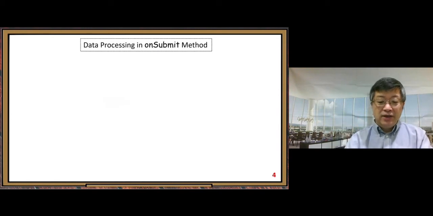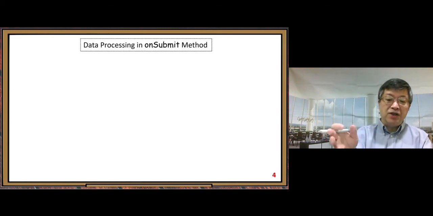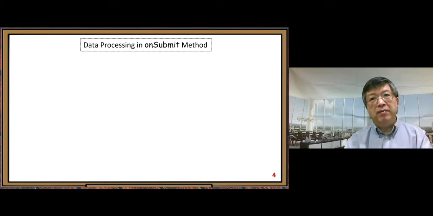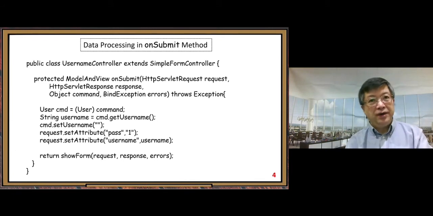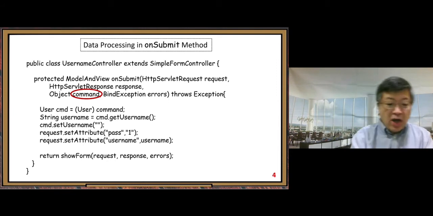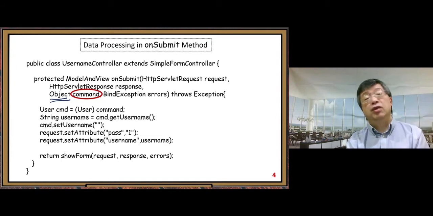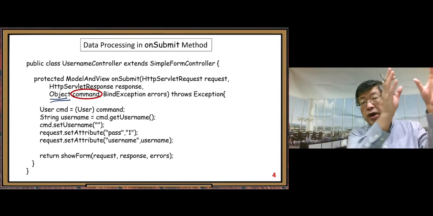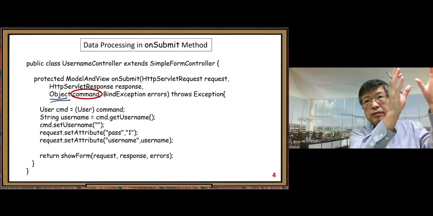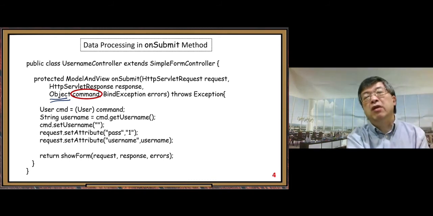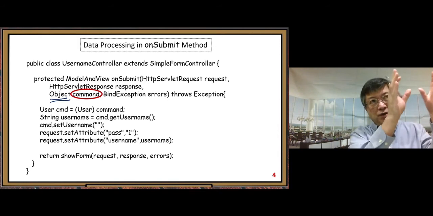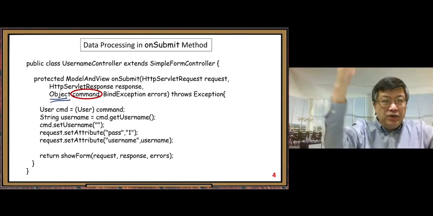Okay. All right. So next, let's look at the data processing inside the onSubmit method. Here, in the code, we start with the command object. The command object uses the general Object type. The reason is that the original method does not know the user's specific Java Bean type. So it uses this high-level general object type.